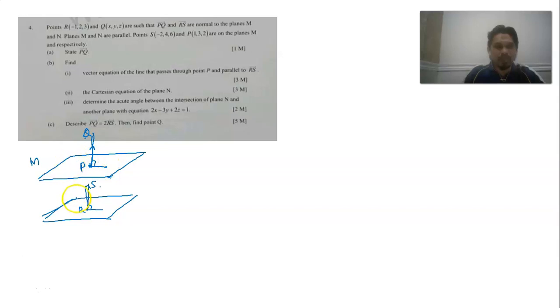Planes M and N are parallel. Points S and P are on the planes M and N respectively. It's just a symbol, so it's okay. You just follow as mentioned in the question then.